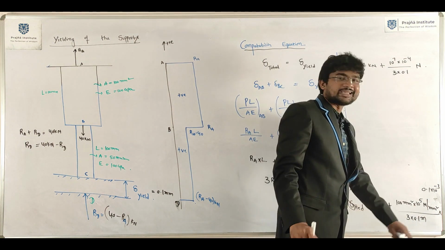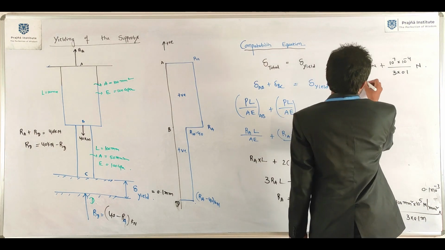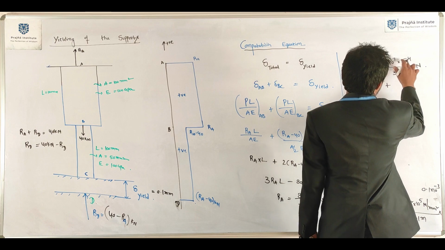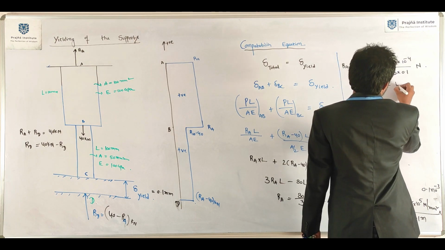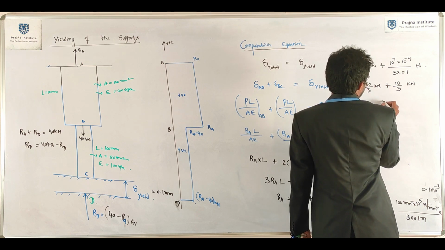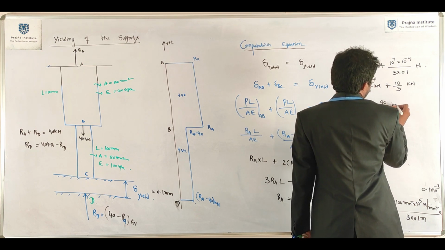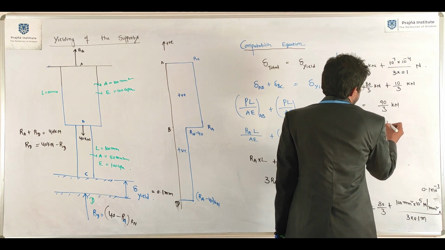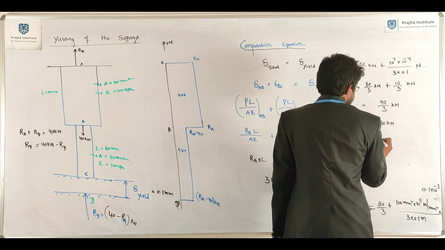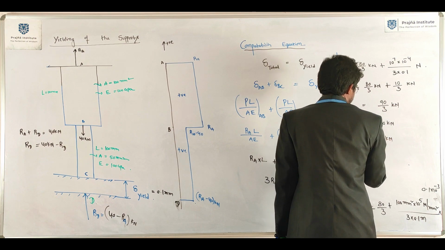So, everything in terms of Newton. 80 by 3 kilonewton plus 10 cube, here 10 by 3 kilonewton actually. So, here 90 by 3 kilonewton. So, 30 kilonewton you will get. RD is equal to 10 kilonewton.